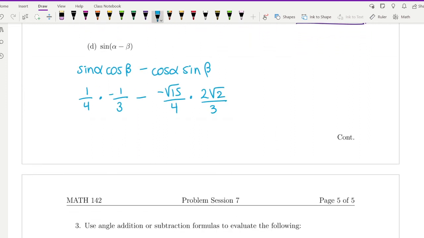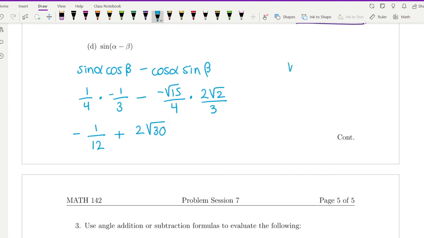So combining all of this is going to be negative 1 over 12 minus negative, and actually maybe I'll just combine these and make it plus, right? Plus root 15 times 2 root 2, that's going to be 2 root 30. Square roots get multiplied together.